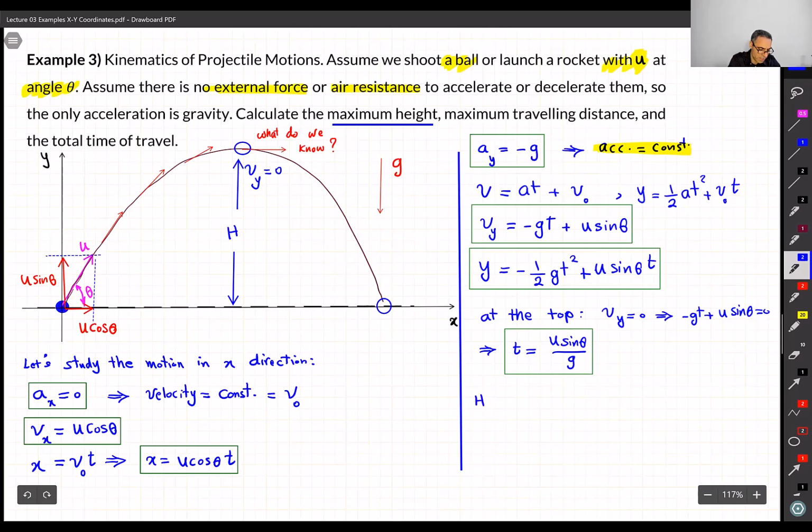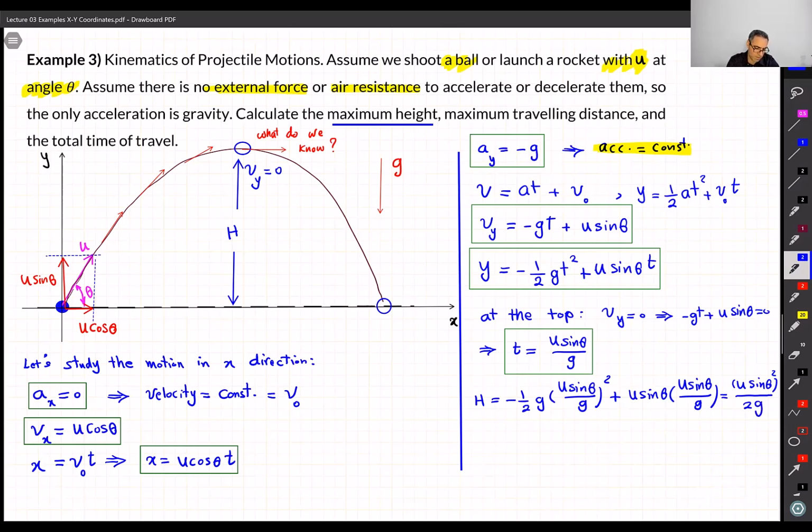So h is going to be half of g, replace t by u sine theta over g, squared, plus u sine theta times u sine theta divided by gravity. If I simplify this, I'm going to get u sine theta squared divided by 2g. Am I right? Yeah. So this is the height that this ball is going to travel.